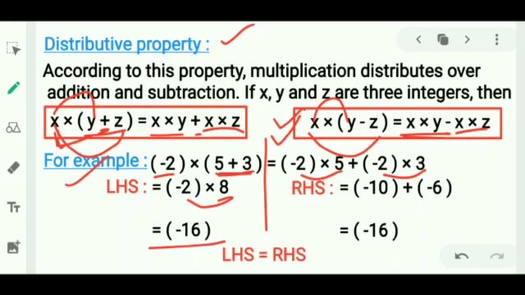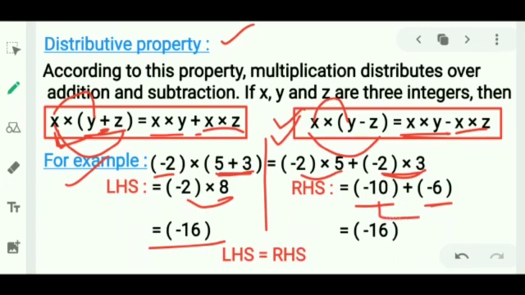Let's solve RHS of it. Now it is written minus 2 multiplied by 5: 5 twos are 10, one subtraction sign is there, so the answer is minus 10. Now minus 2 multiplied by 3: 3 twos are 6, one subtraction sign is there, so the answer is minus 6.